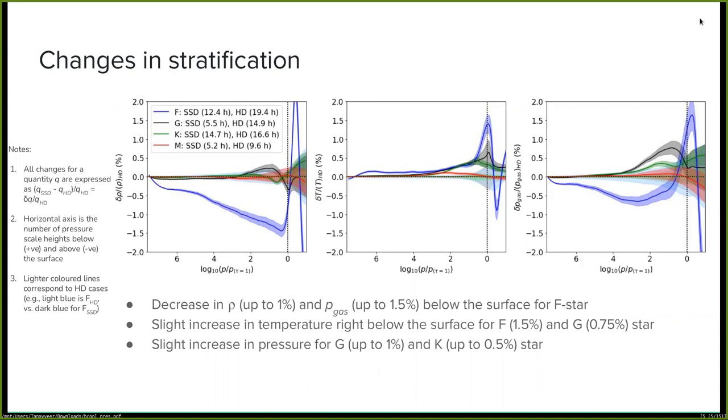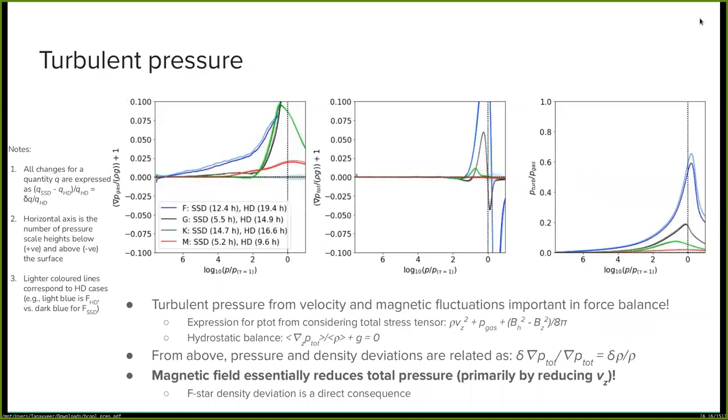There's a corresponding change in the gas pressure as well, and there's a slight increase in gas pressure for the G and K stars as well. For the temperature, there is a slight increase near the surface for all cases, except maybe the M star. Now, these can actually be understood in terms of the turbulent pressure contribution. Let me elaborate a bit further on that.